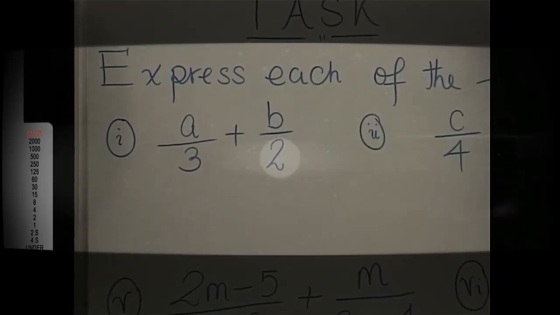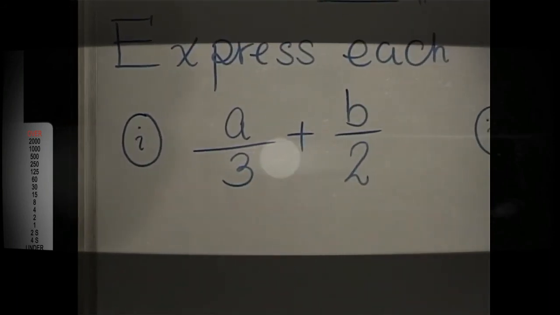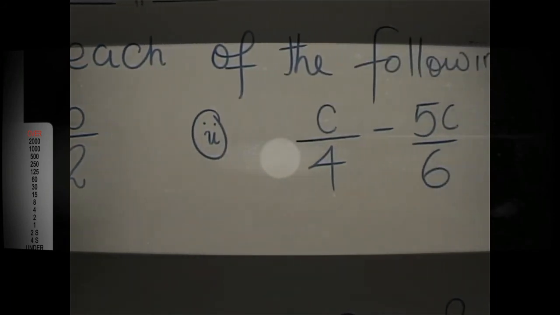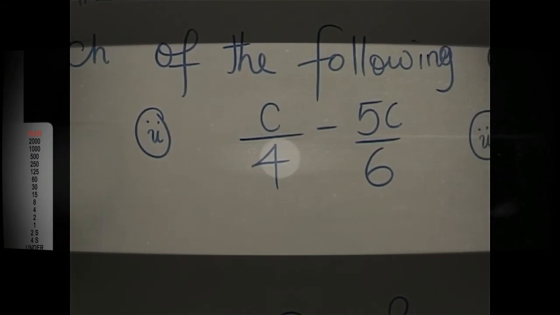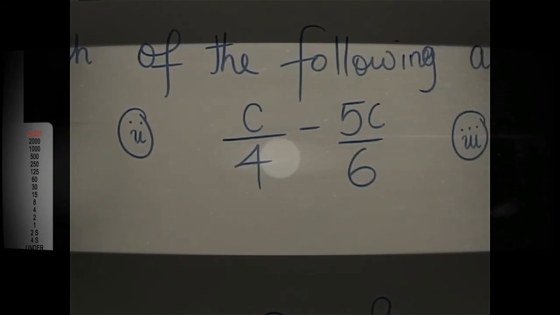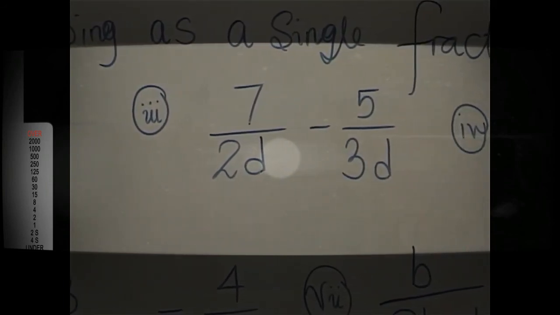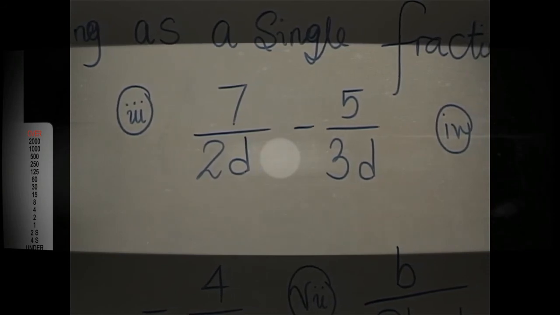The first one is a over 3 plus b over 2. The second one is c over 4 minus 5c over 6. The third one, 7 over 2d minus 5 over 3d.